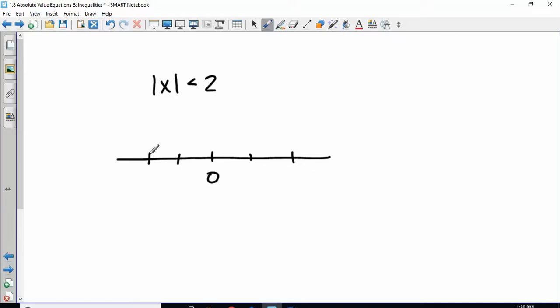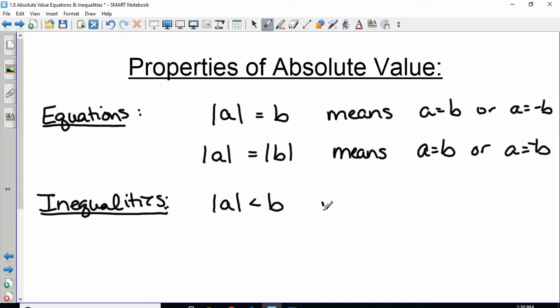I'm going to go back to that slide in just a second if you didn't get it written down. So that means the distance would be less than 2. That would be everything up to 2, but it could also be everything down to negative 2, right? So it's just in between those two values. So this means negative B is less than A is less than B.